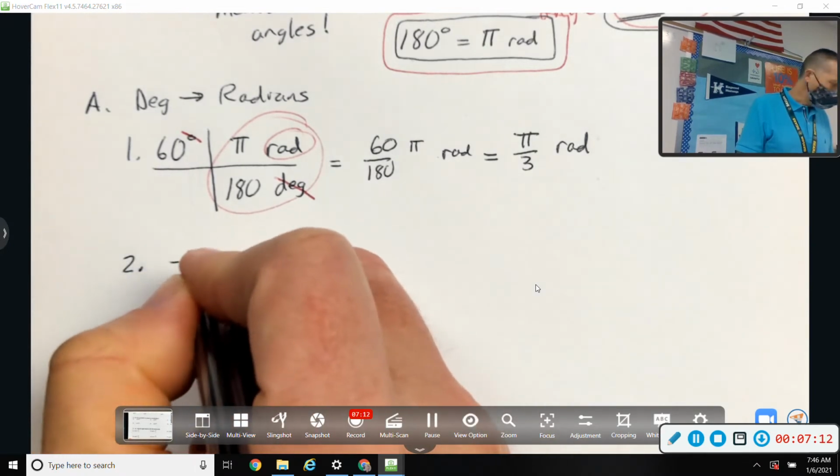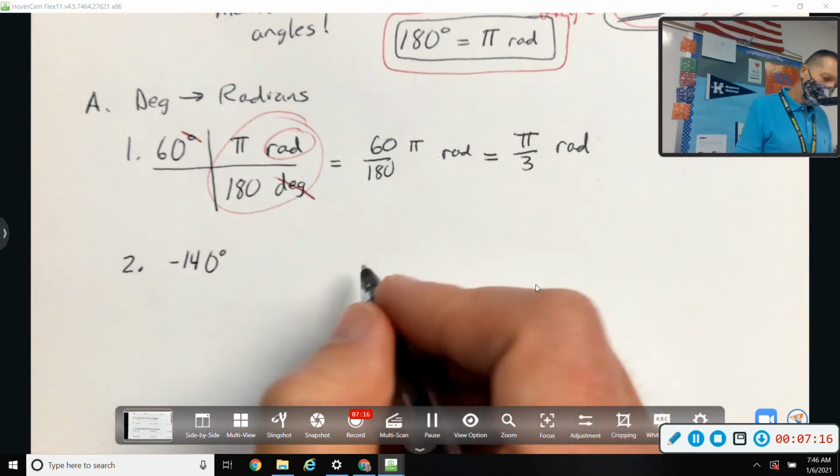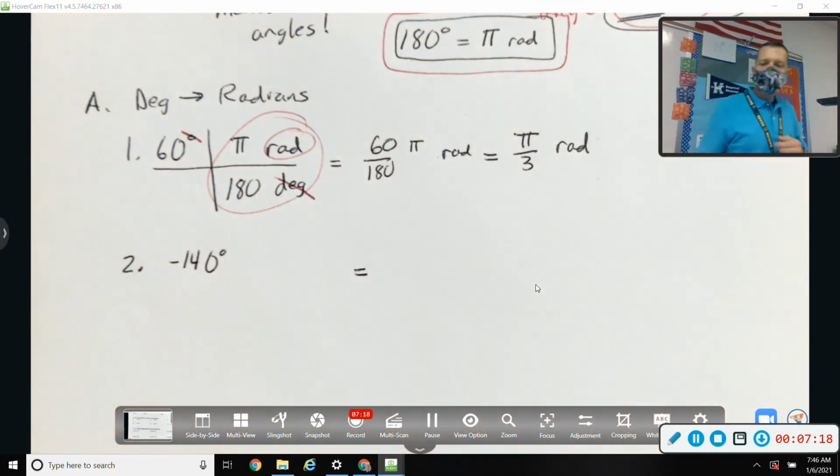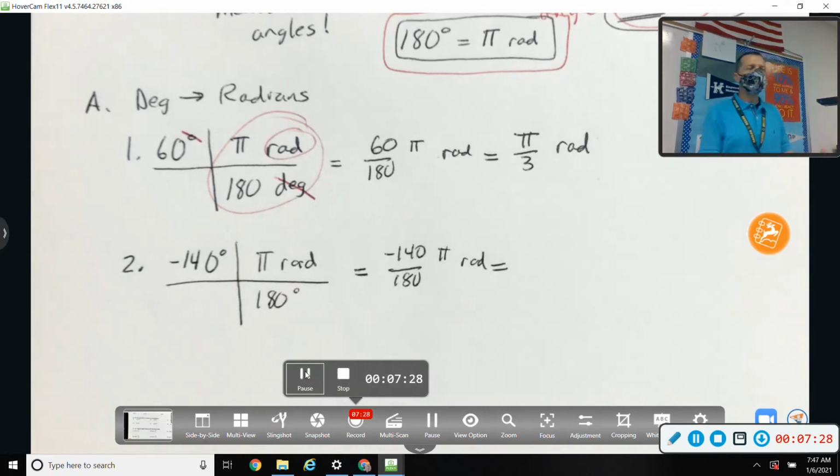Let's do another one. Negative 140 degrees. See if you can convert that into radians. The degrees cancel.